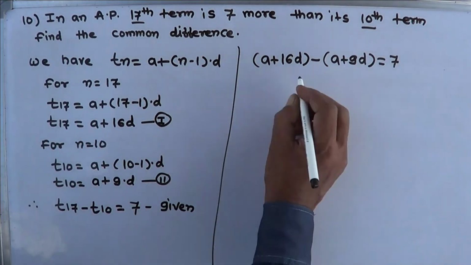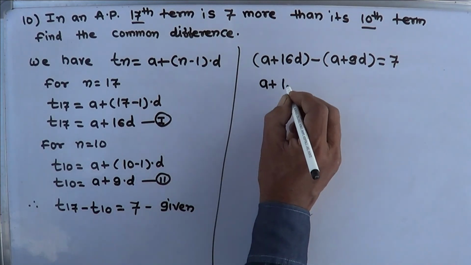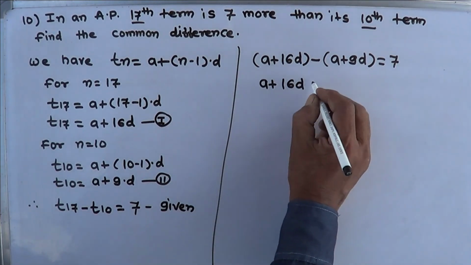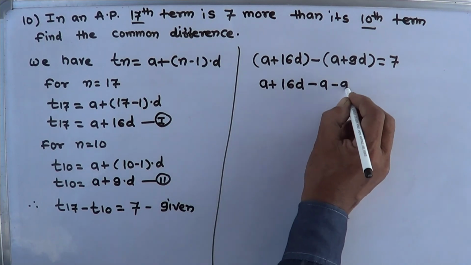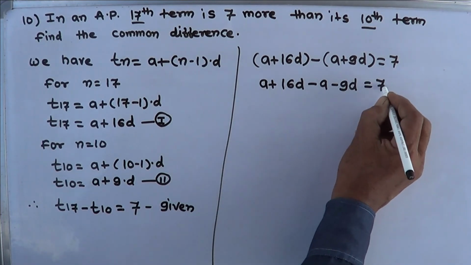Now we will solve this. a plus 16d minus a minus 9d, which will be equal to 7.